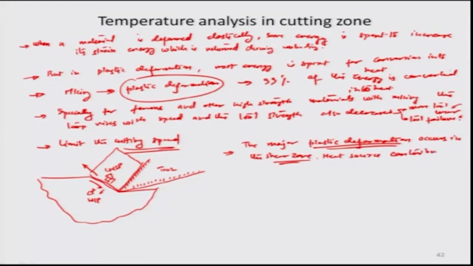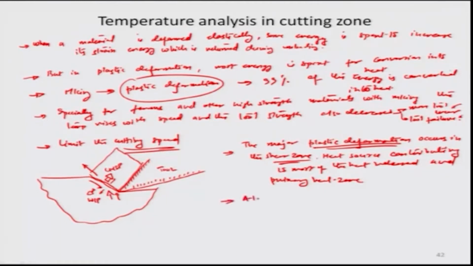contributing to most of the heat released, and also referred to as the primary heat zone, obviously because this is the primary reason why the heat is being generated, that the chip is being scraped off from the workpiece.